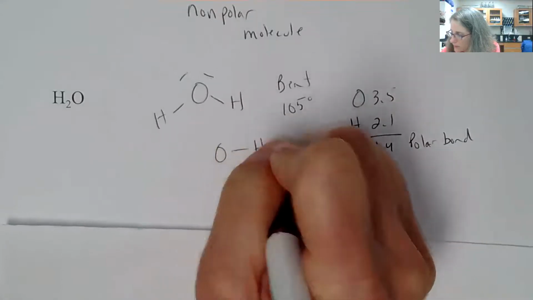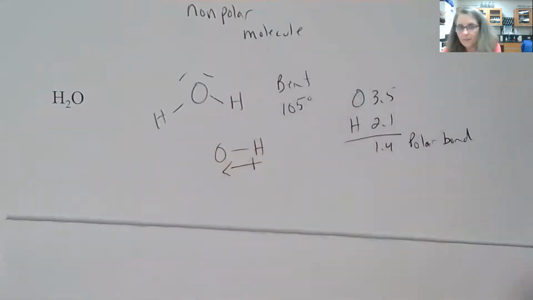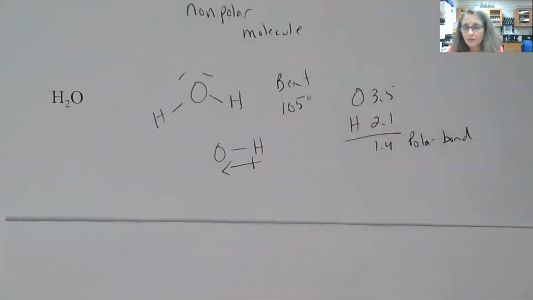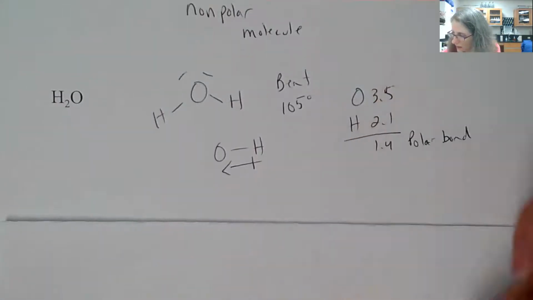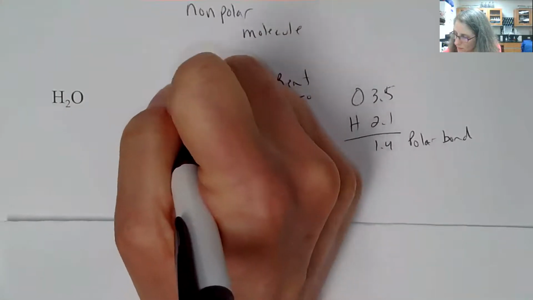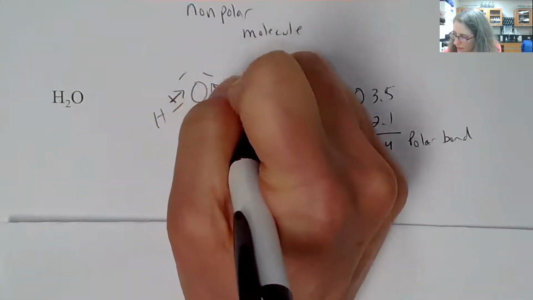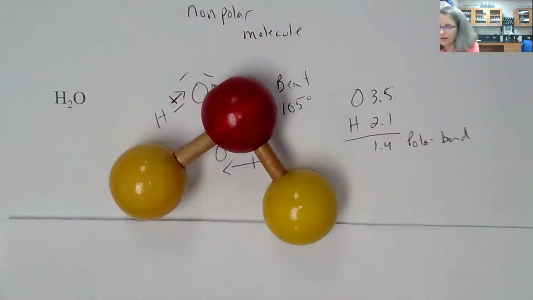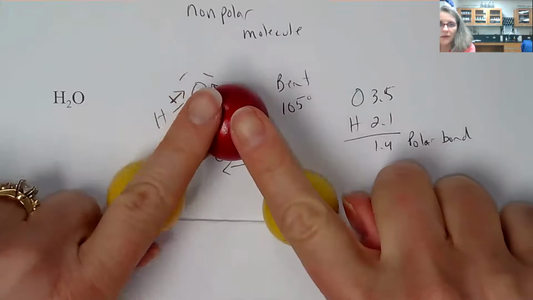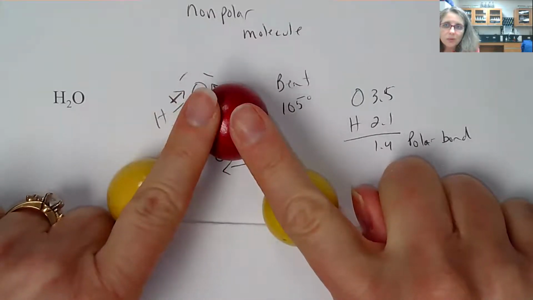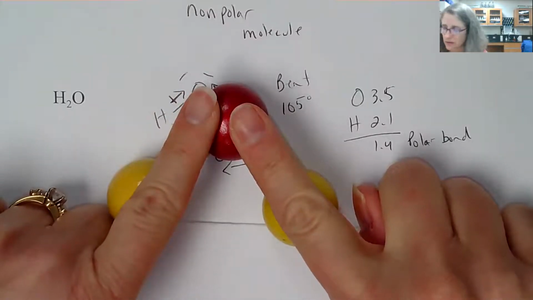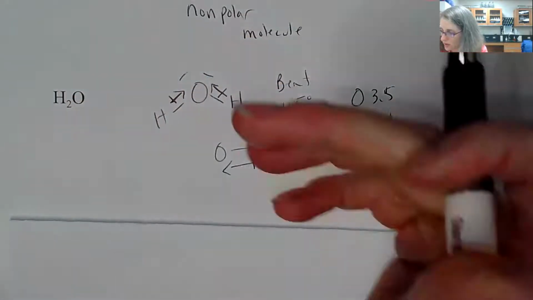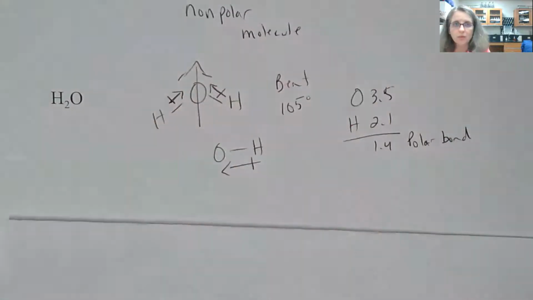But like I did before in my previous video, the dipole arrow is going to point towards the oxygen. It has the bigger value of electronegativity. So if I do it on the actual molecule, all of those dipole arrows are pointing towards oxygen. If I have my model here and my arrows are my fingers, they are pointing towards the oxygen. So they're all pointing in one general direction, and the overall pull is going towards the oxygen.